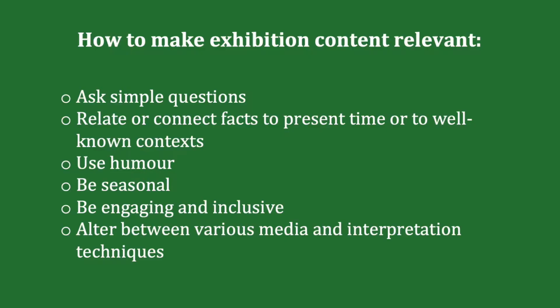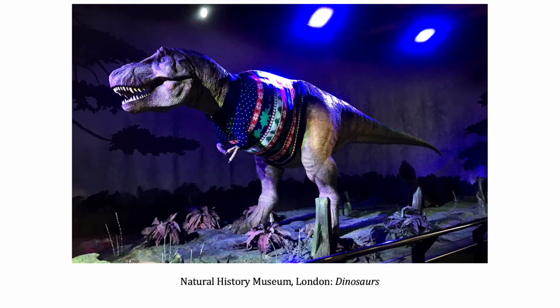When it's appropriate, and when of course it's doable, try to be seasonal and to relate to what is already on people's minds. Another really fun example from this exhibition is the T-Rex from the Natural History Museum, and he's got a little Christmas jumper there, or rather a rather big Christmas jumper, I should say.